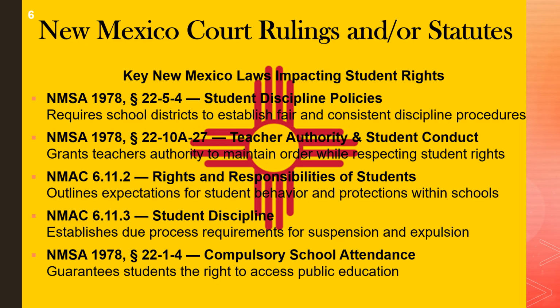Section 22-10A-27 supports teacher authority in maintaining classroom order, but it also reinforces the need to balance authority with respect for student rights. We have NMAC 6.11.2 that outlines both student rights and responsibilities, helping define expectations for behavior while protecting students within the school environment.